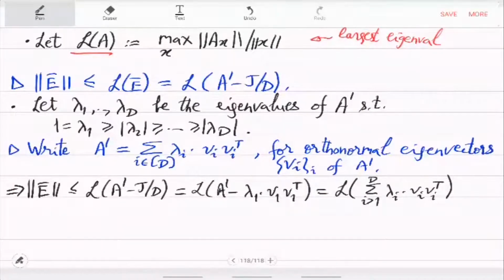So notice that when you act sigma lambda I vi vi transpose on a unit vector x bar, what does it become?